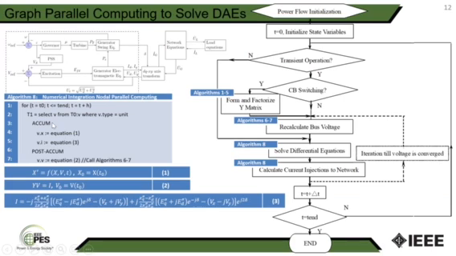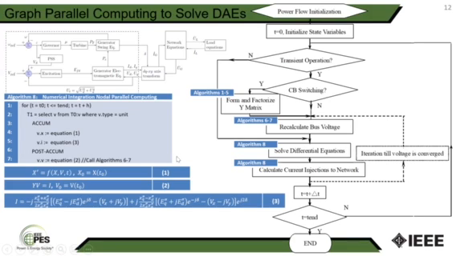In ACCUM, all of the calculations in the nest are calculated in parallel, using equations 1 and 3 to solve the dynamic equations for the current injection. Once we know the injection current, in POST-ACCUM we solve the algebraic equations by using equation 2. This uses the graph parallel computation we developed for power flow.